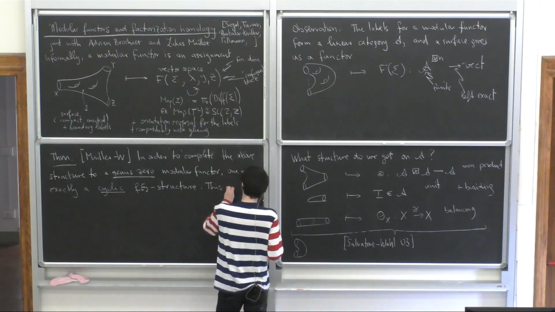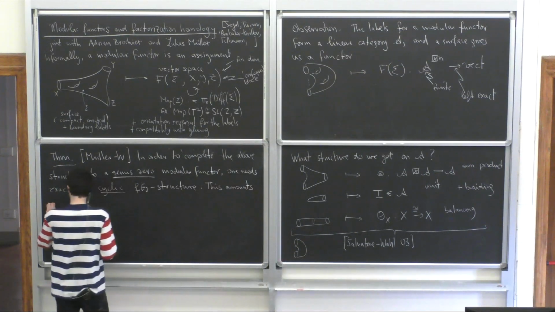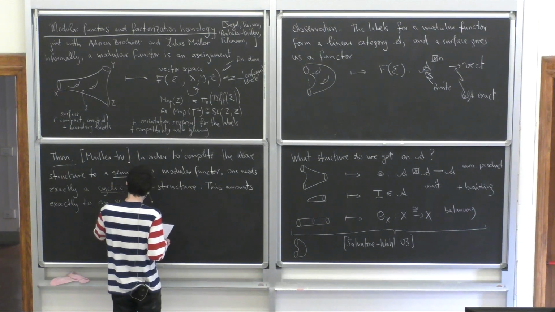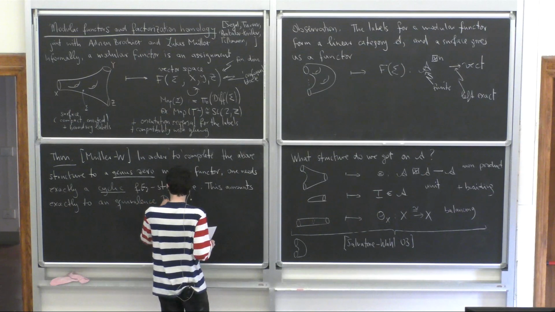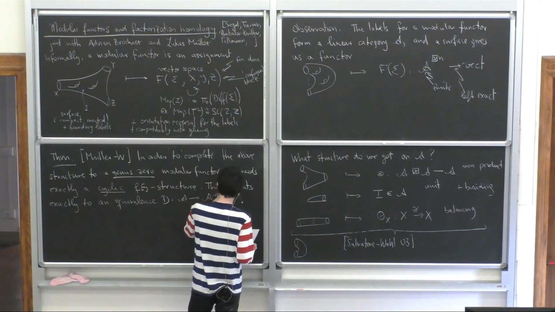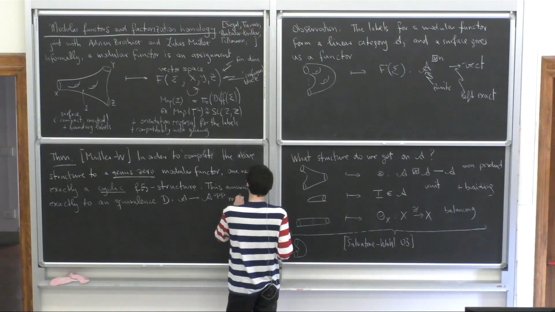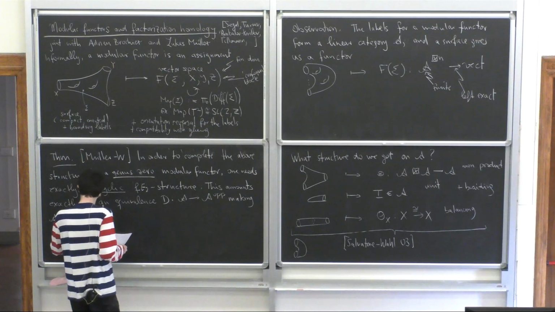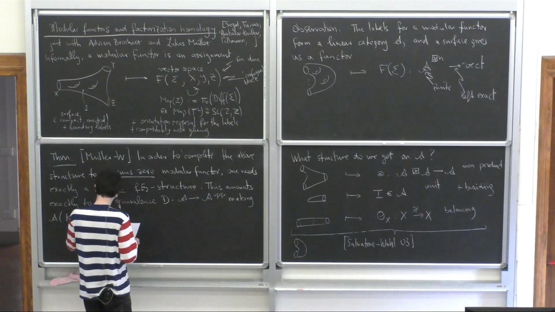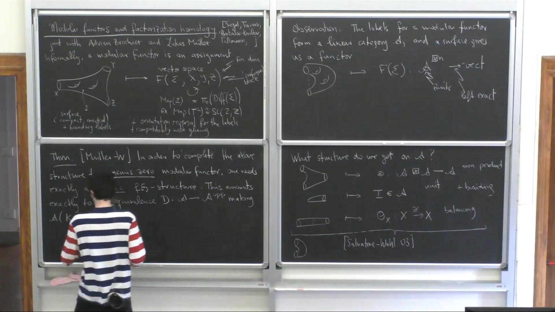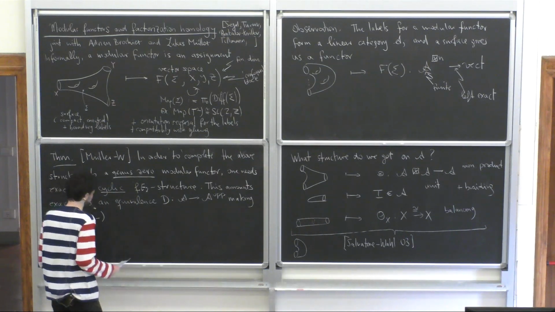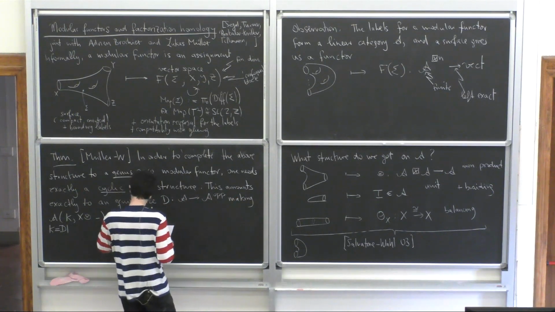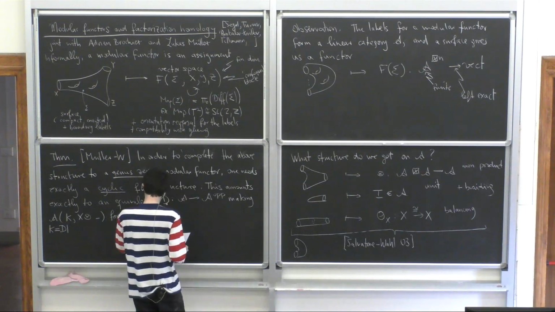This amounts exactly to an equivalence D from A to A op, making the Hom functor, this Hom functor from some object K, and the object K will be the image of the monoidal unit under this D, this Hom functor is supposed to become representable.